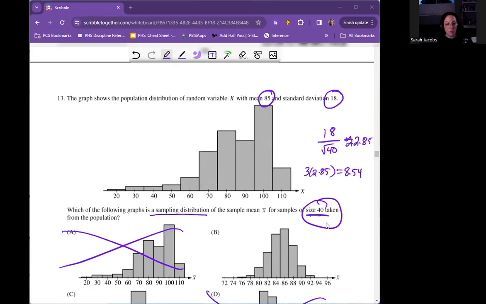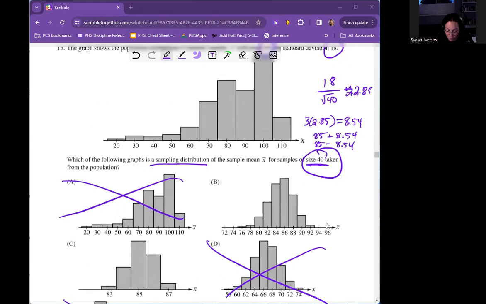So we should have most of our data contained between 85 plus 8.54 and 85 minus 8.54. That would give us within 3 standard deviations of the mean.